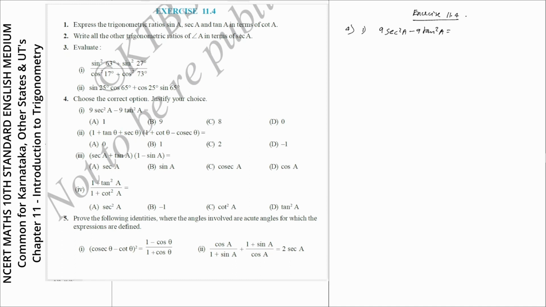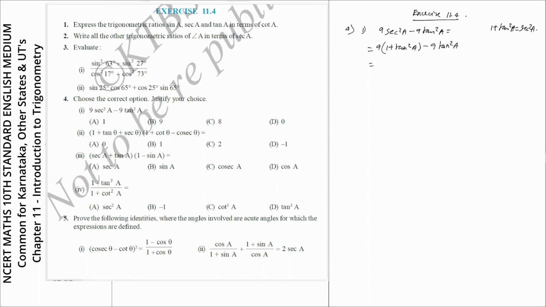So this is equal to, now secant square a, 1 plus tan square a is equal to secant square a. We learned this in trigonometric identities. So 9 into secant square a I'll write as 1 plus tan square a minus 9 into tan square a.